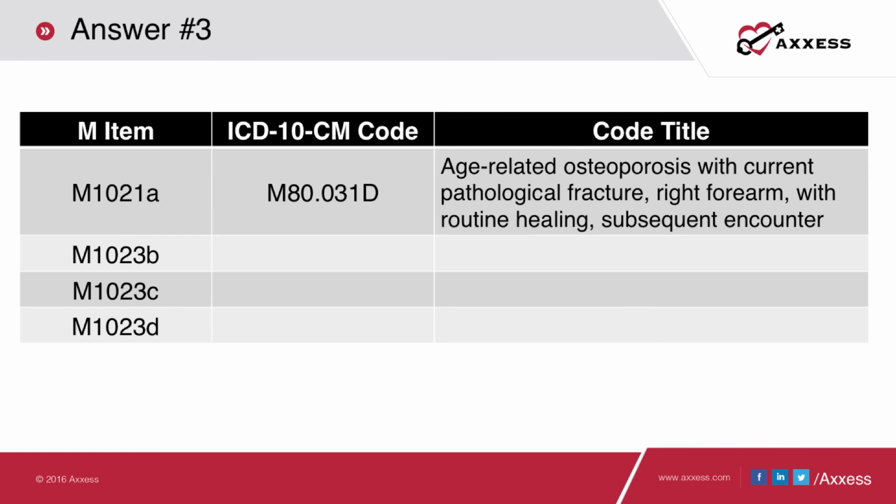It's a combination code that says age-related osteoporosis with current pathological fracture, right forearm with routine healing, subsequent encounter. So we have the type of osteoporosis, we have that this is a current pathological fracture, and that it's routine healing, subsequent encounter, all in 1 code.